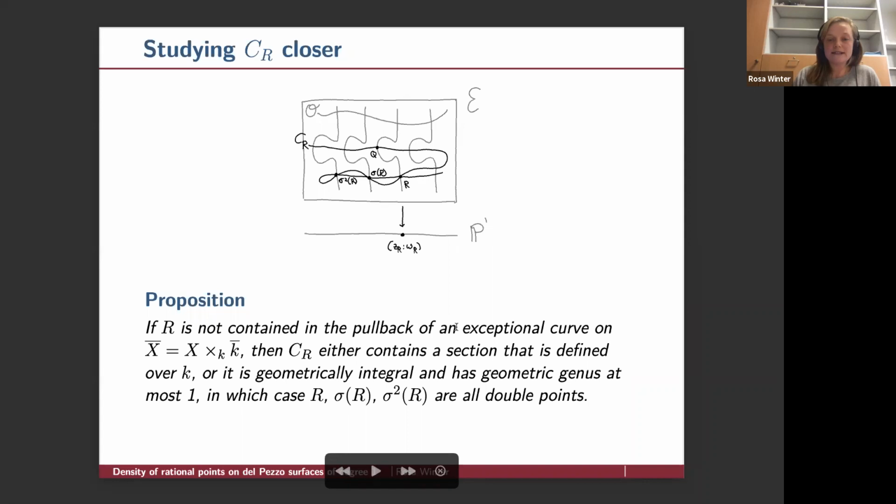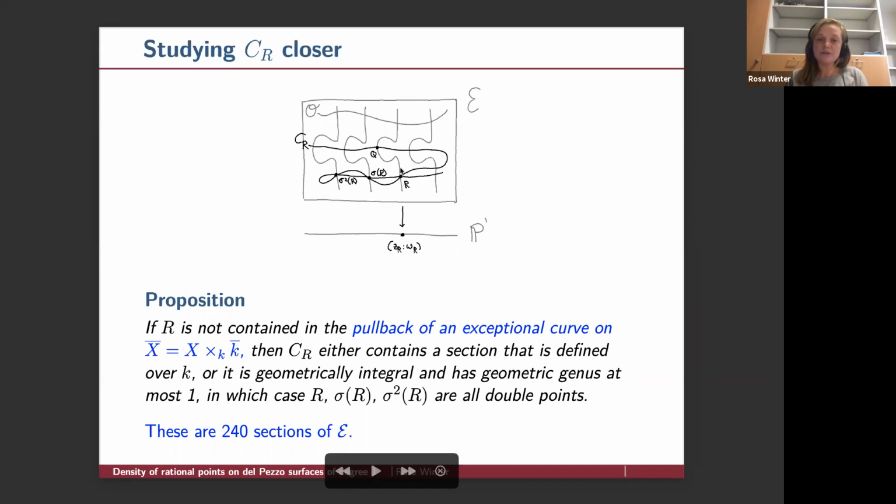So if R is contained in the pullback of an exceptional curve on X base changed to the algebraic closure, well, these pullbacks of exceptional curves are actually sections of this elliptic surface. I said before, there are 240 of these exceptional curves. So these are 240 sections of my surface.